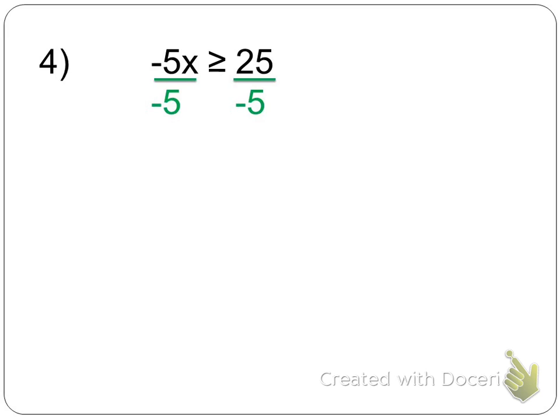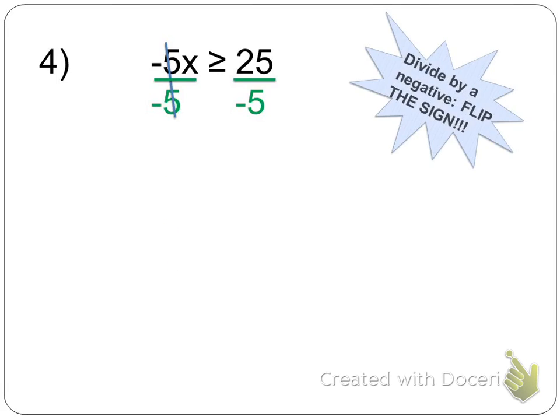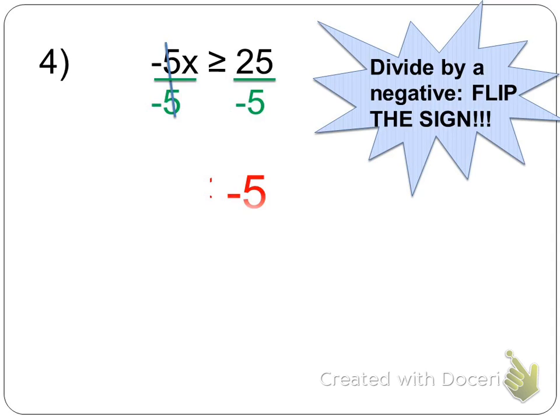Are there alarms going off in anyone's head? Yeah, what do you do when you divide by a negative? Flip the sign. You flip the symbol. So it was greater than or equal to, now it's going to be less than or equal to. And then a positive 25 divided by a negative 5 is negative 5.